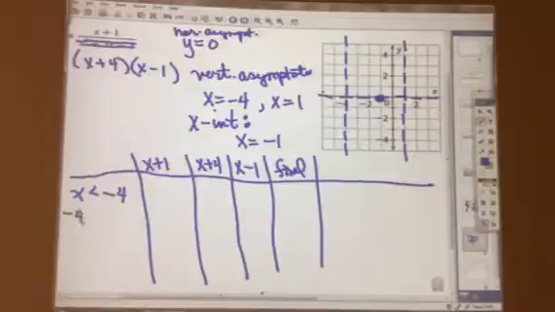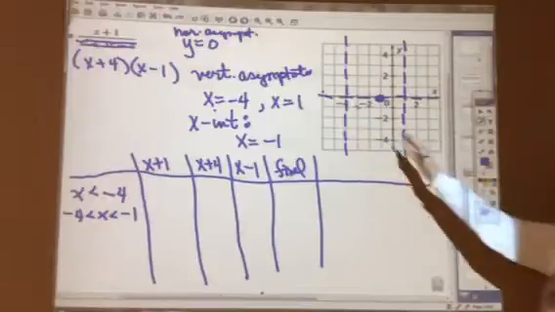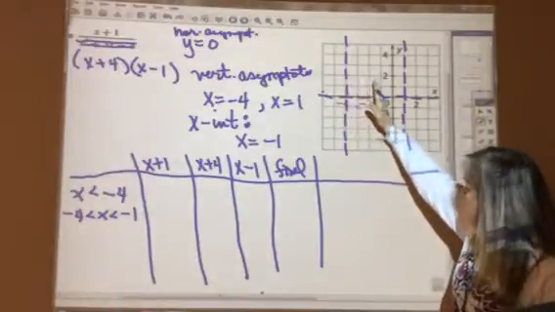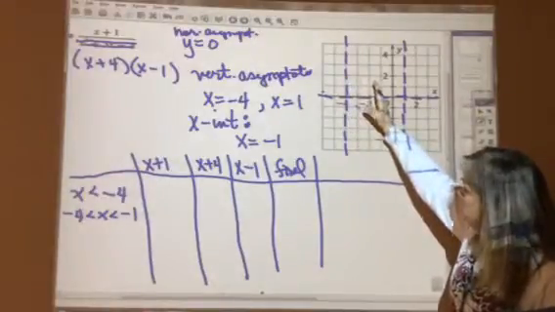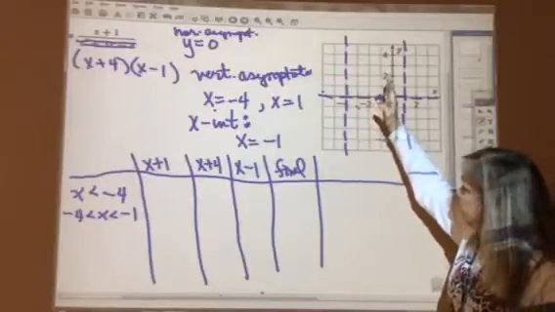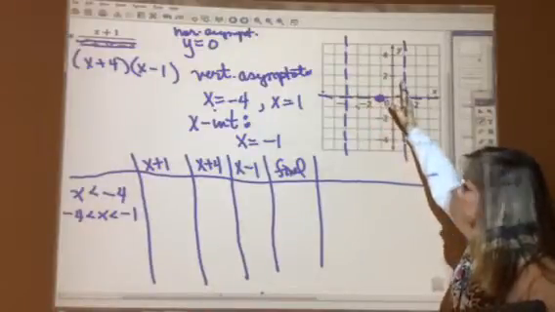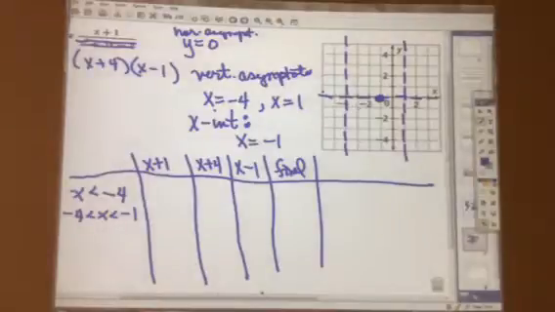But in between this vertical asymptote and that x-intercept, now what am I using? Negative 1 is less than x is less than 1. And then what? X is greater than 1.